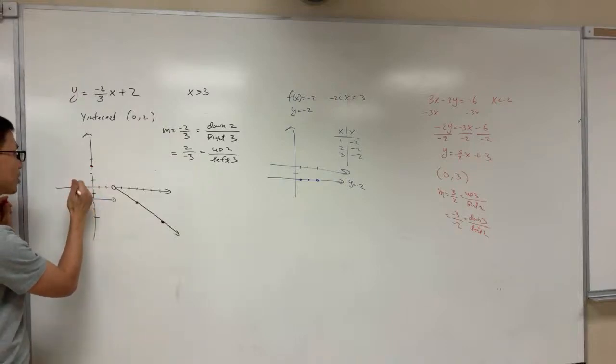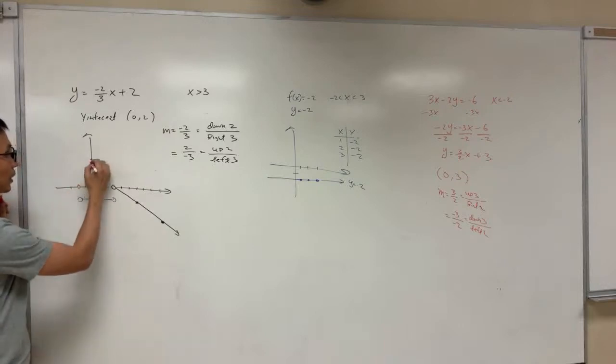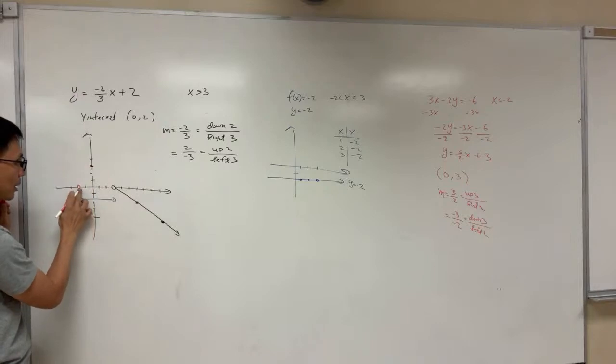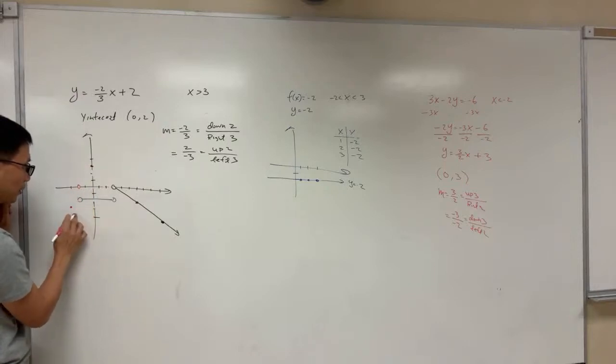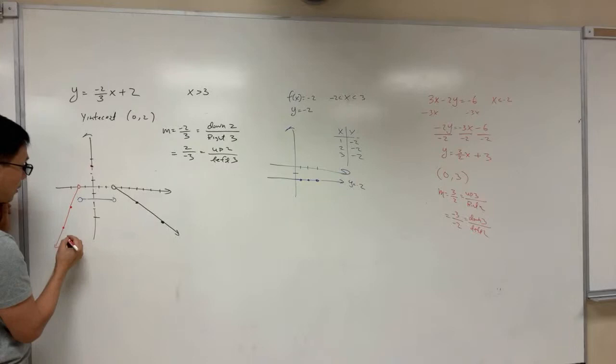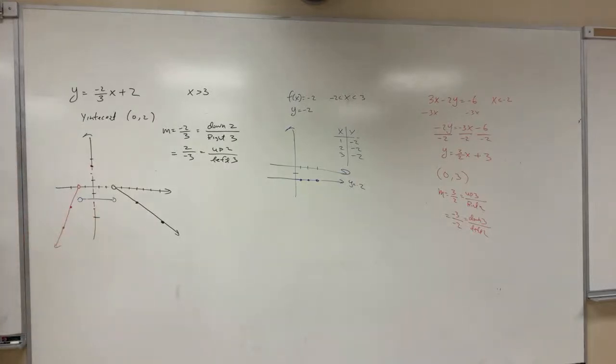So the graph's gonna start right here. Down 3, left 2, down 3, left 2. So the graph's gonna be like this, but not the other way.